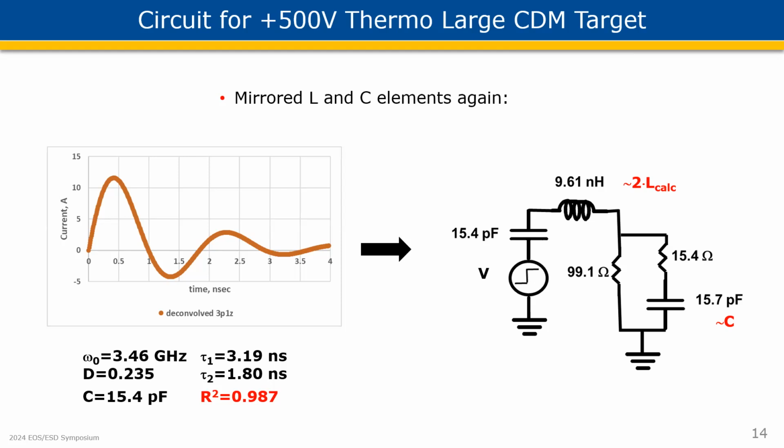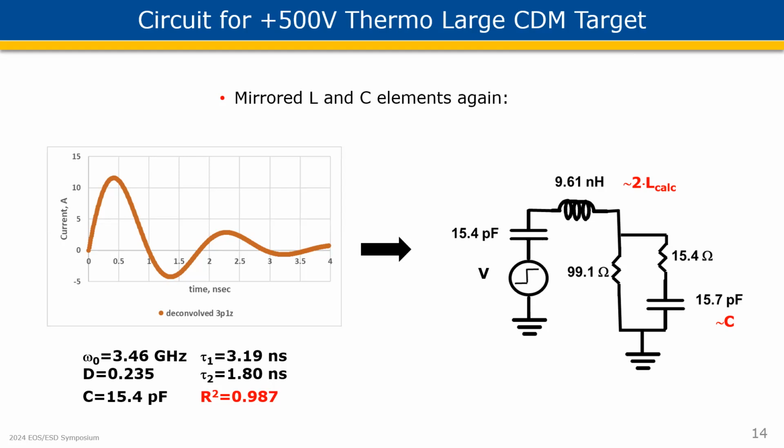So we're seeing 9.6 nanohenries, about twice what we might calculate for that probe and fixture inductance. Again, that larger capacitor is mirrored in the spark itself. And the outer loop has not a negative resistance, but a low resistance of 15, which we're familiar with in trying to model the spark by a single resistor. That's right in the ballpark.